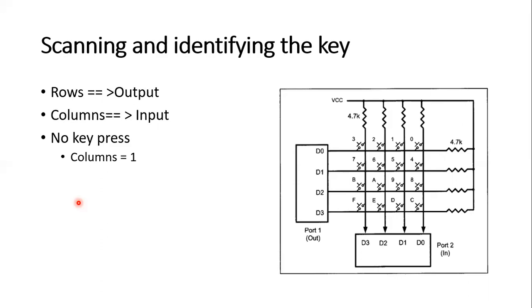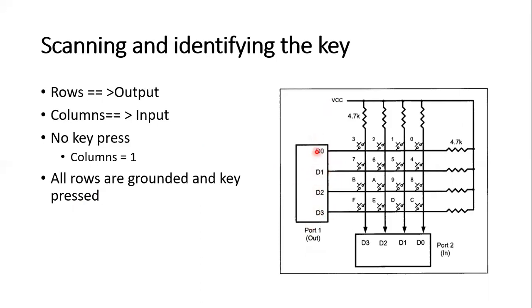Next, consider all the rows grounded, and there is a key press. D0 is grounded, D1 is grounded, D2 is grounded, and D3 is grounded.